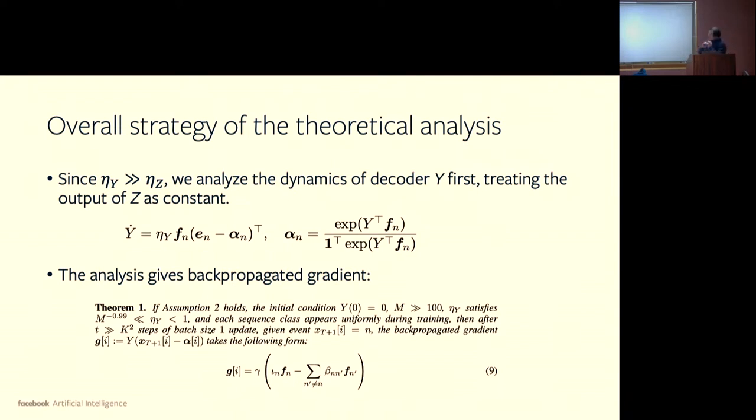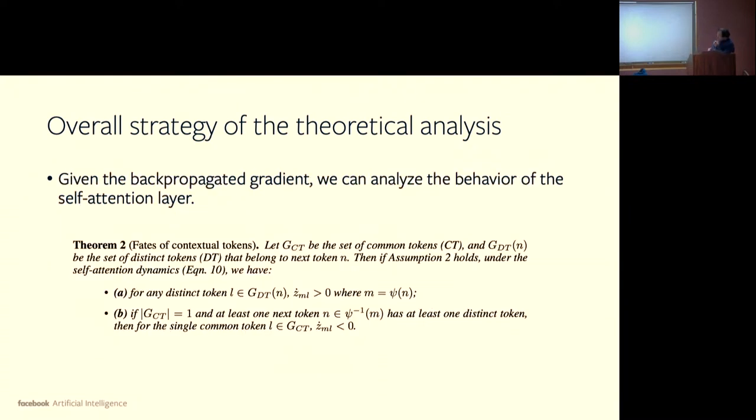Then once we have that nice equation, which tells you how the gradient backpropagates to the attention layer and is related to the data fed into the decoder, we can plug this back into the self-attention layer and analyze what's happening there. That's how you analyze the two-layer structure of the one-layer transformer.